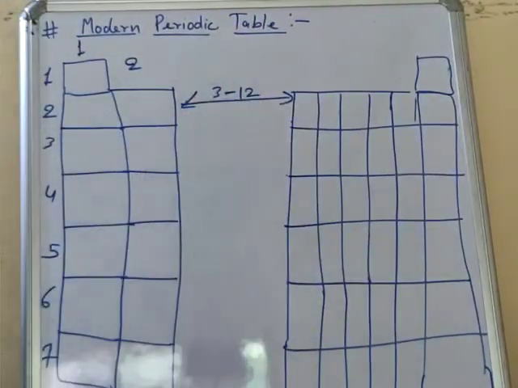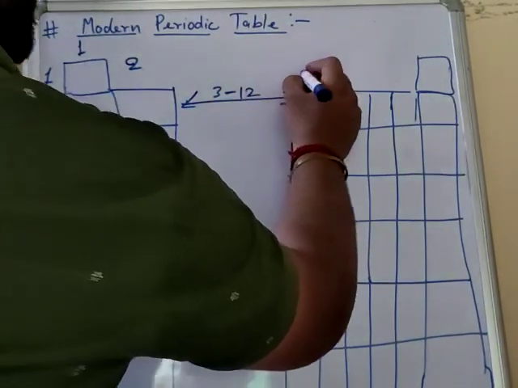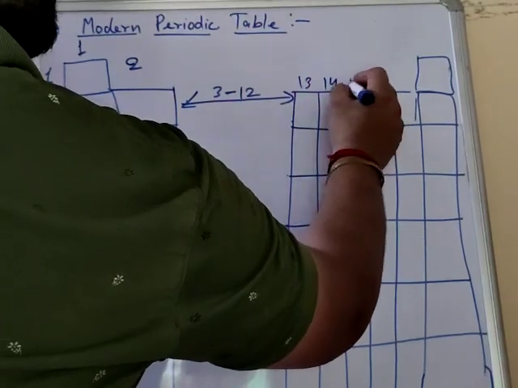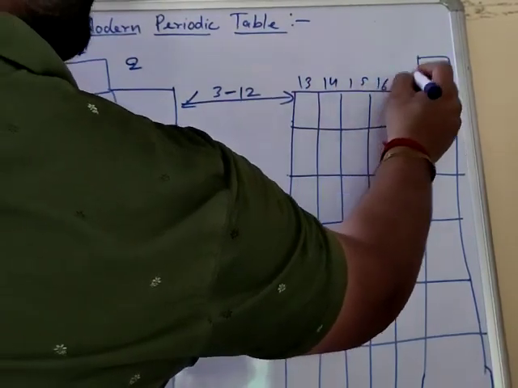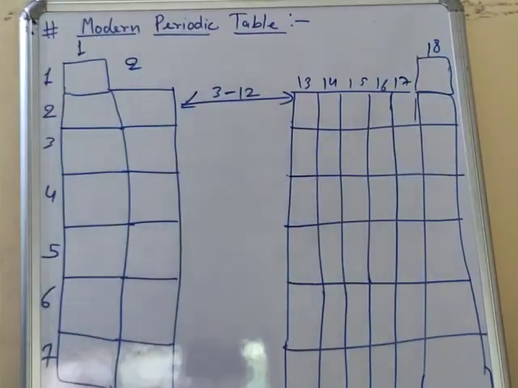So 3 to 12 we have to study in higher classes, and 13, 14, 15, 16, 17 and 18. Okay, now listen.